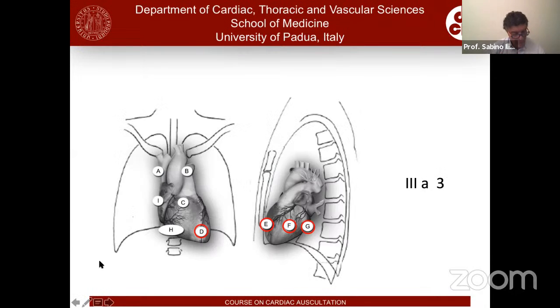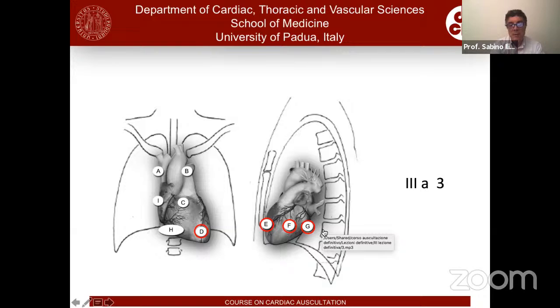So this example, before moving to other classical evolving situations, is now a very classical example of mild regurgitation murmur in a patient with rheumatic valve disease. The murmur is better heard at the apex and is irradiated throughout the axilla up to G, that is the posterior line of the axilla.